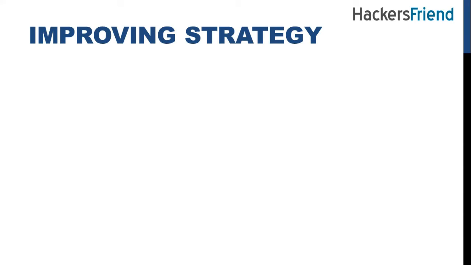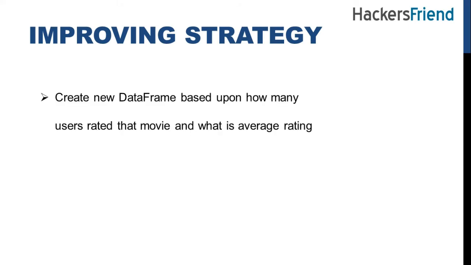So we will set up a threshold in our new strategy, and we will create a new data frame based upon how many users rated that movie and what is the average rating of that movie.